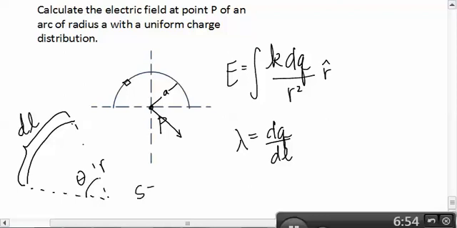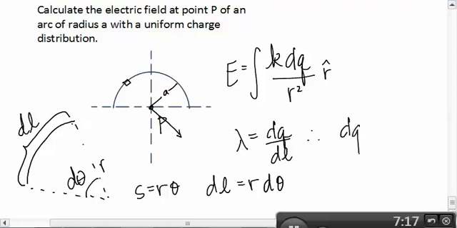Is arc length r theta? So would a little bit of an arc length be r times a little bit of an angle change? So then our dQ would be lambda r d theta.